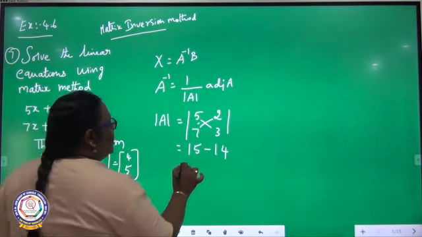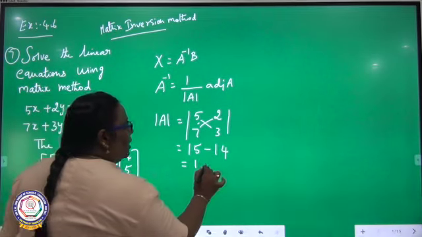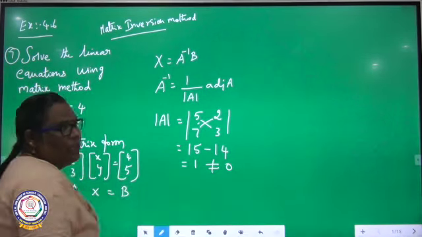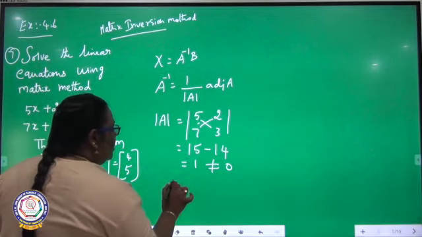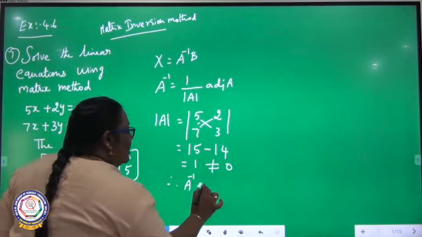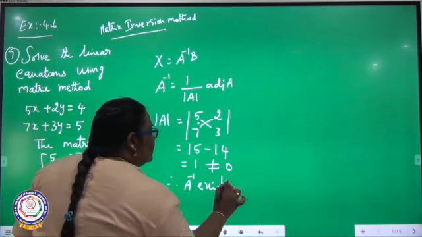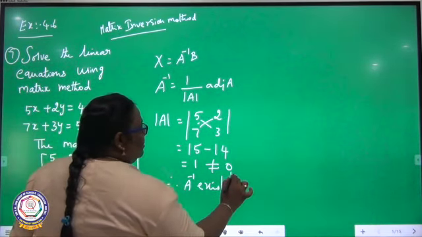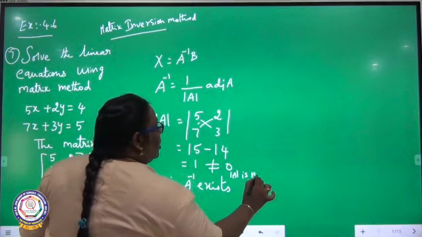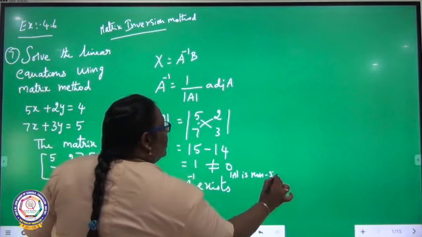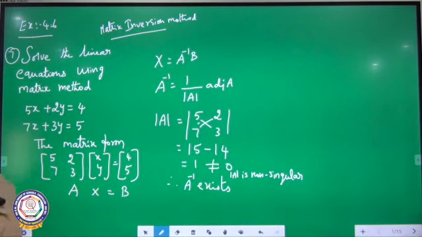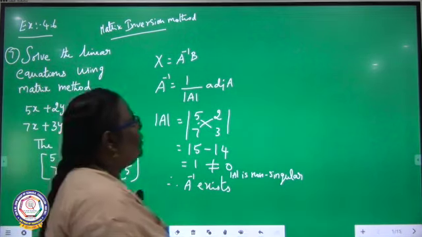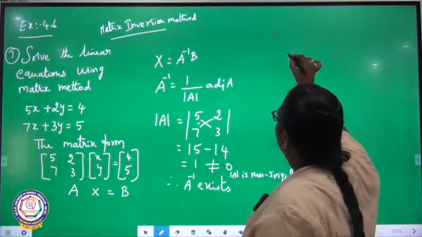So determinant of A is equal to 1, not equal to 0. Therefore A inverse exists because determinant of A is non-singular. You should find out the value of adjoint A.